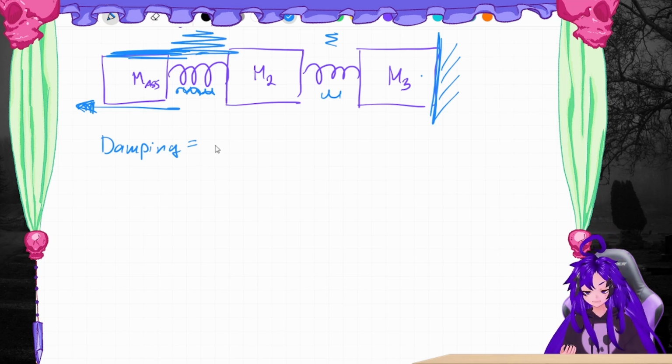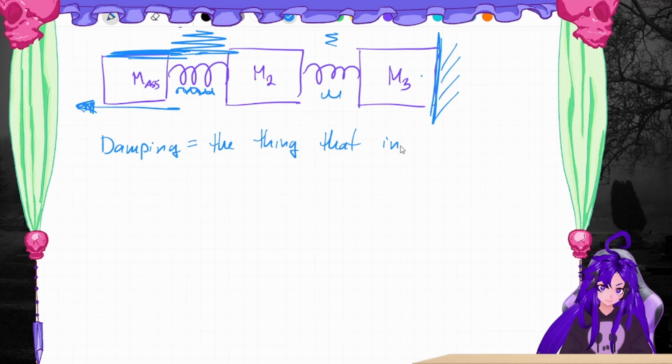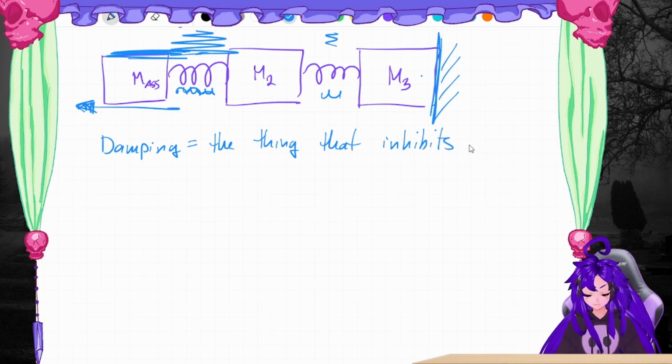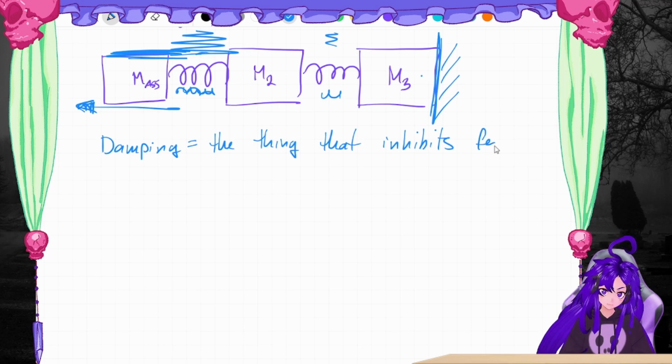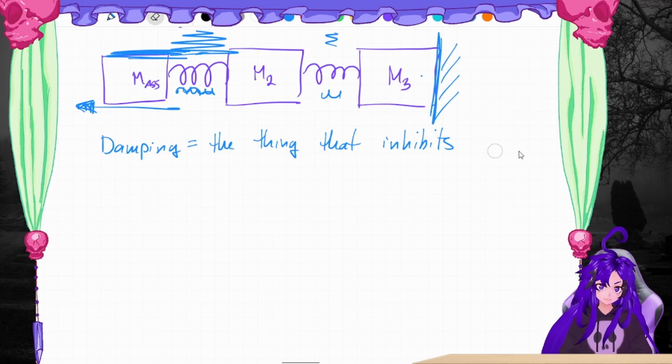So damping is the thing that inhibits force, frequency, motion, that kind of thing. So we're gonna say motion?